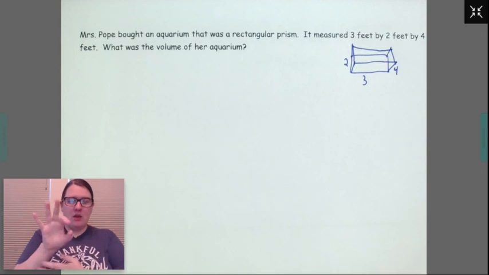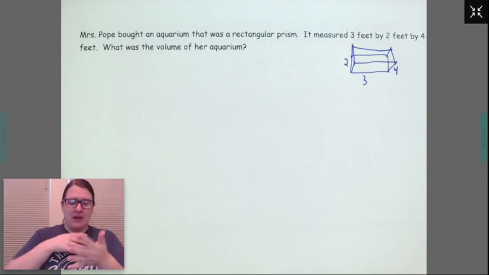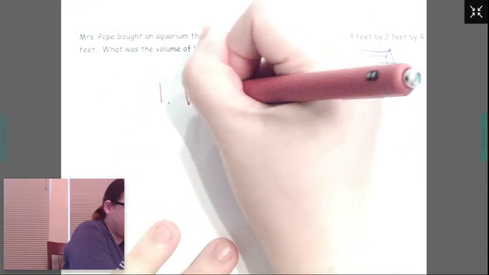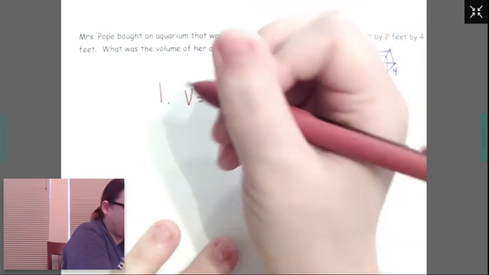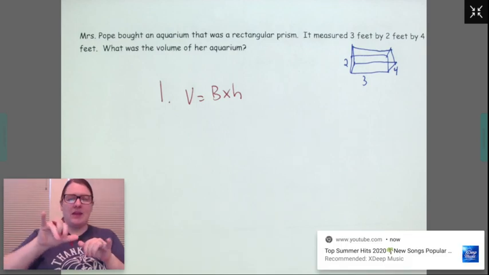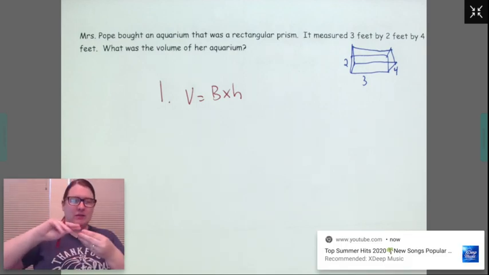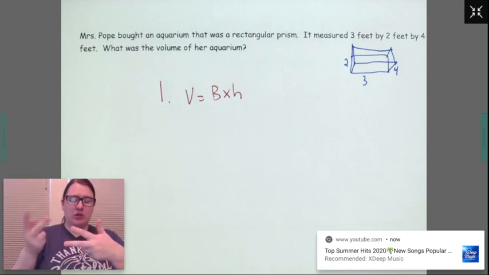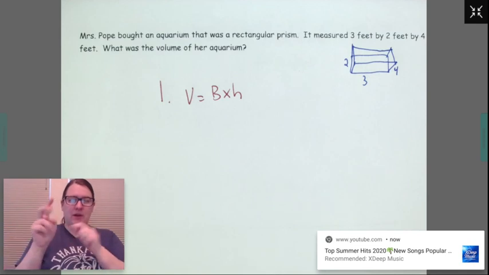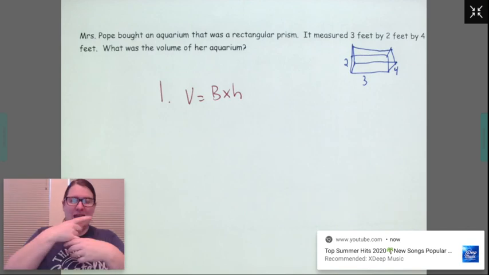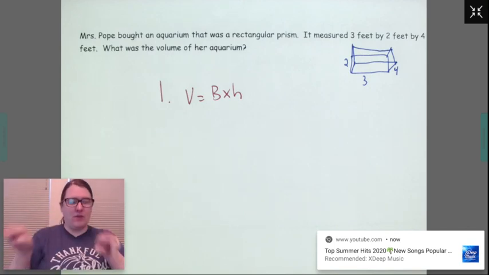First, we're going to copy the formula from our mathematics chart. I'm going to add it the same way I did on the other one. Number 2, we're going to replace the variables with numbers, but before we do that, we're going to replace the base and make it area of a rectangle.